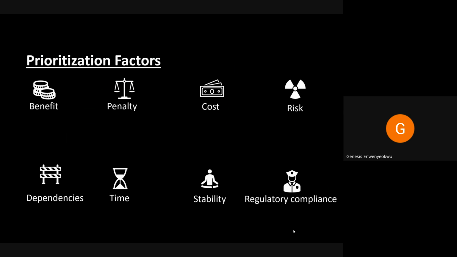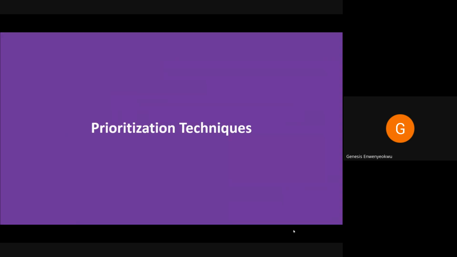We need to prioritize those requirements being implemented on our systems, irrespective of the fact that we also need to add awesome or wonderful features on our system. That takes us to techniques of prioritization.